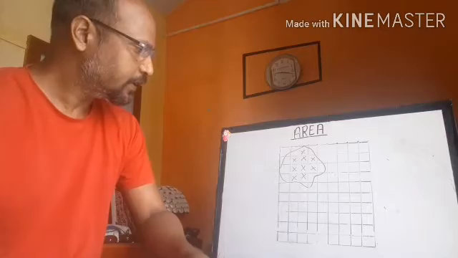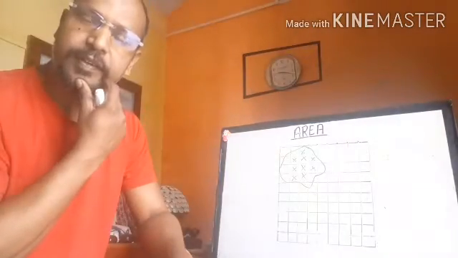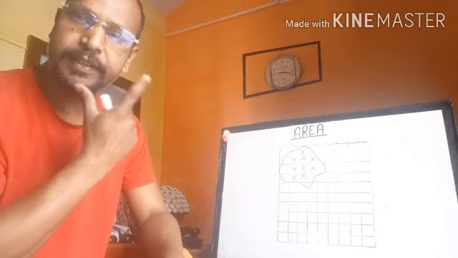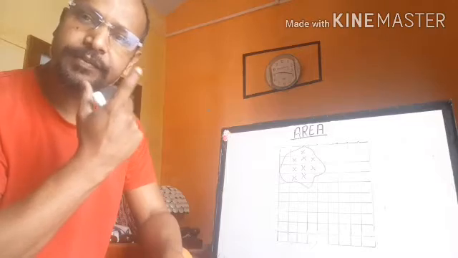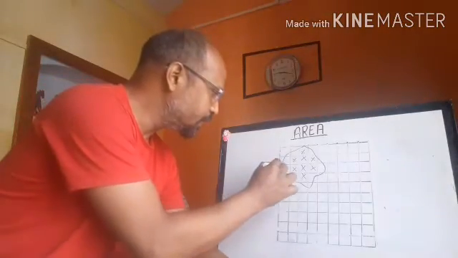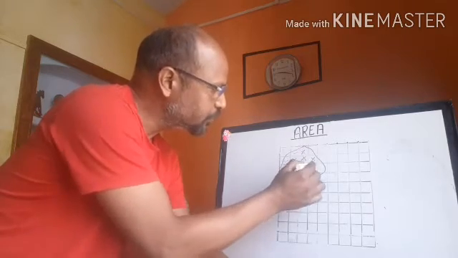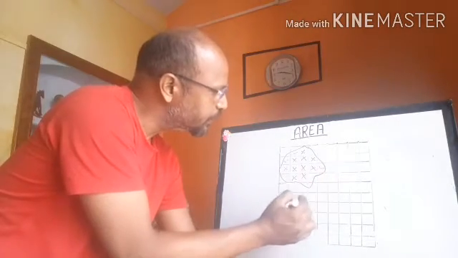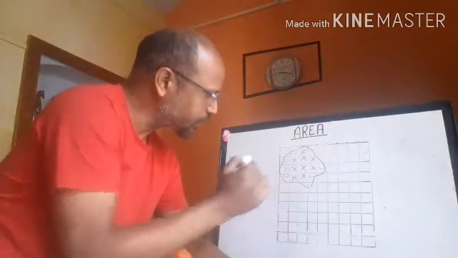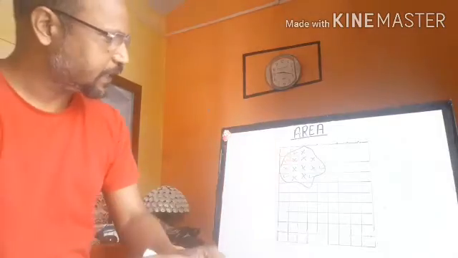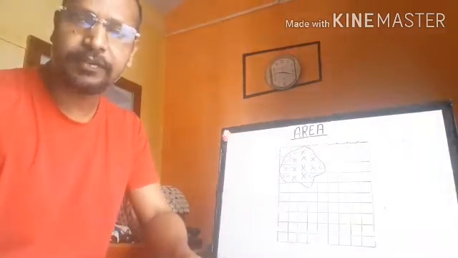Now I will take the squares that have more than half area. The outline intersects them, but they contain more than half. So here the more than half are 1, 2, 3, 4, and 5. I have put a right sign on the squares that are more than half.